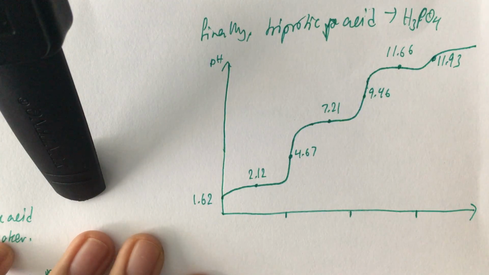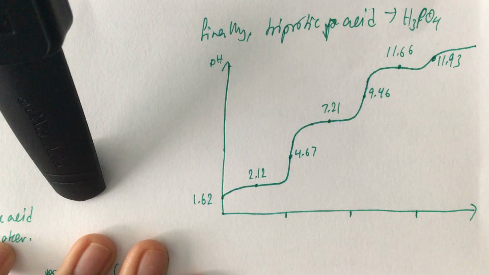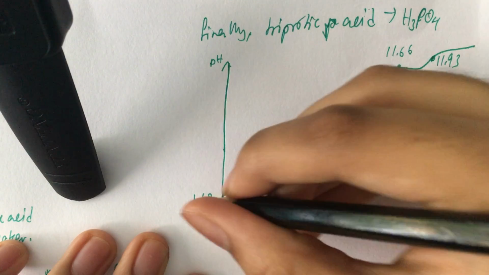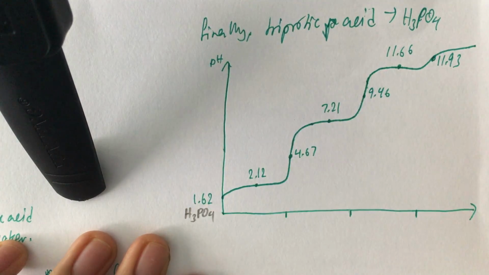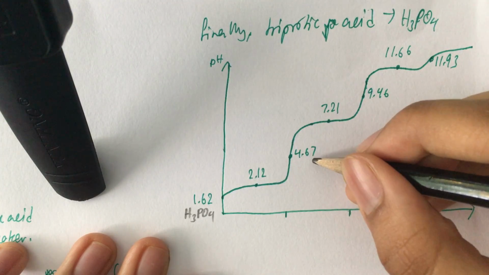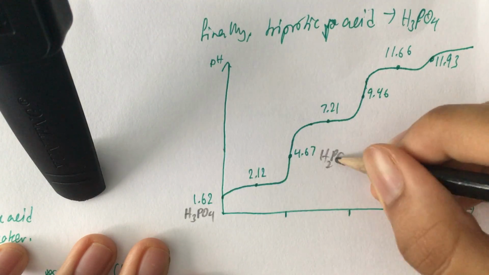And then the second half equivalence is 7.21, equivalence is at 9.46, then third half equivalence is 11.66, and the last one is the actual equivalence point, 11.93.